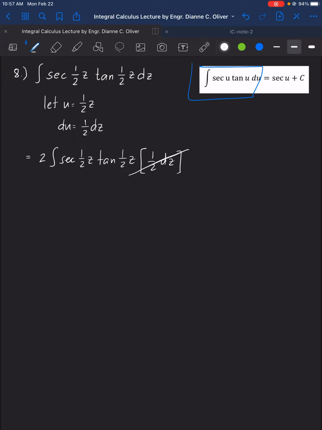Disregard this one, so let's focus here. So this one is 2, and then the pattern for secant u tangent u is secant u only. So secant of 1/2 z plus c.